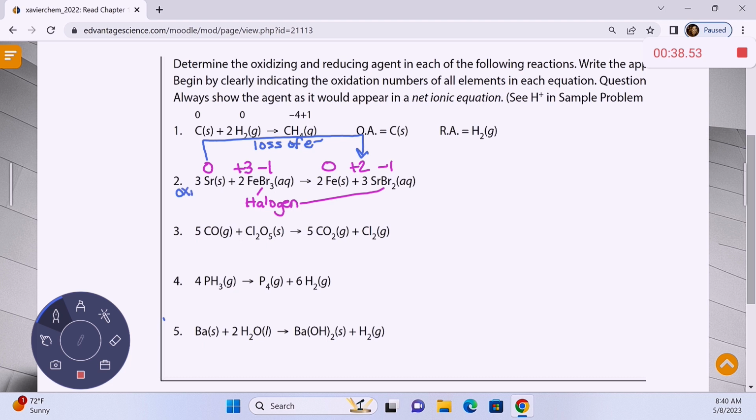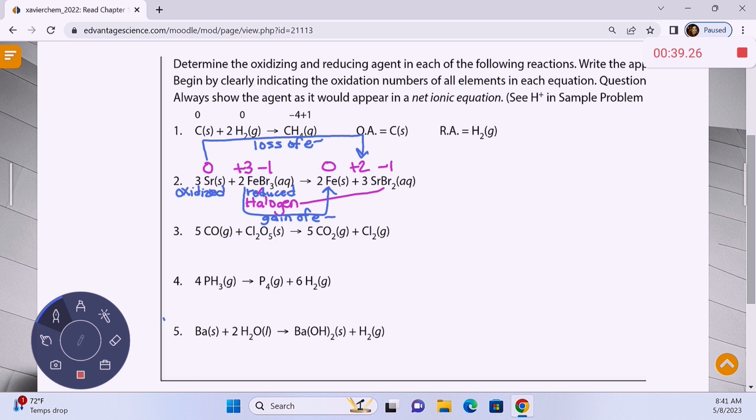So strontium is oxidized. Bromine didn't change its oxidation number, so we ignore it. But the Fe went from a +3 to a 0, so it went down. So that means a gain of electrons. So that means Fe is reduced.